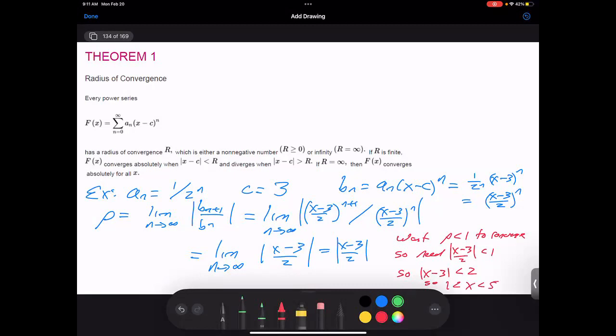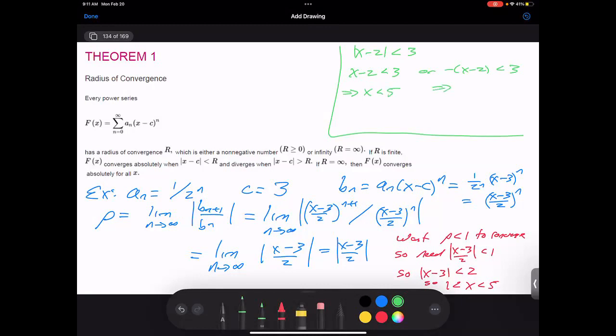Let's see why. So we want |x minus 3| to be less than 2. So there's two possibilities. I could have x minus 3 is positive or x minus 3 is negative. So I could have x minus 3 is less than 2 or negative (x minus 3) is less than 2. In the first one, I get x is less than 5.